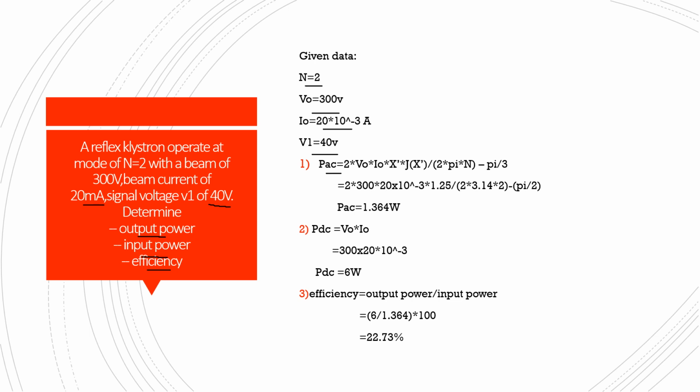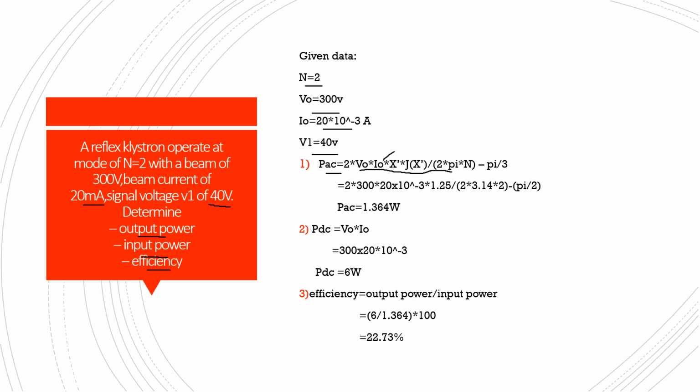Output power is also given as PAC. The formula for output power calculation is 2 into V naught into I naught into X bar into J of X bar, divided by 2 pi n minus pi by 3.